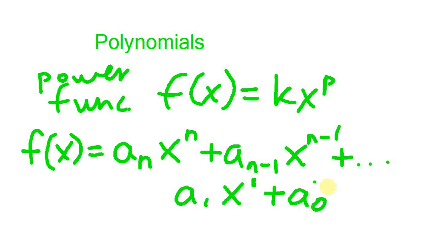You can have 0, as in you can have a constant function that's a polynomial. It's made up of just one term. But you couldn't have, for example, a square root of x term. You couldn't have a 1 over x term, whereas you could have that in a power function.